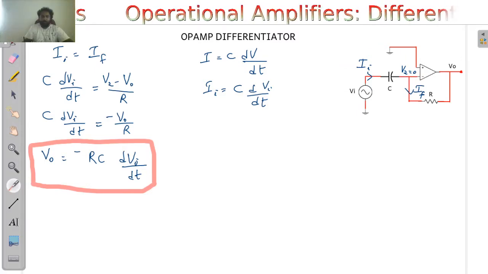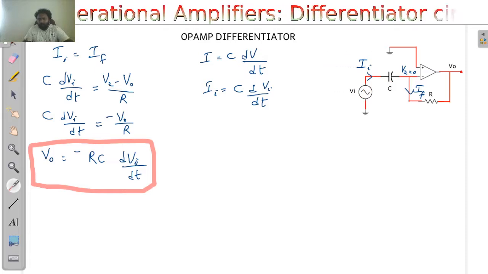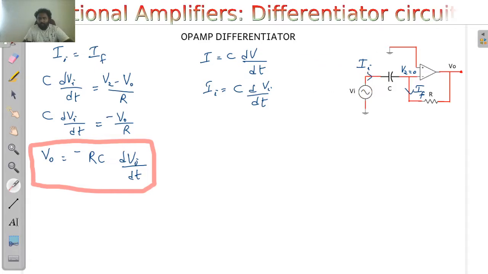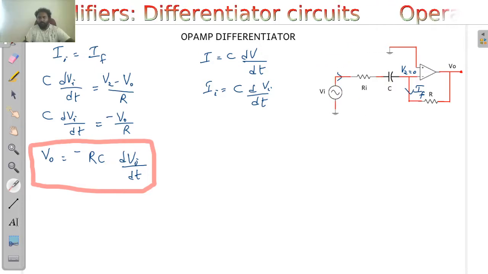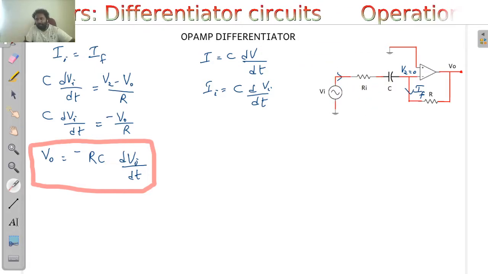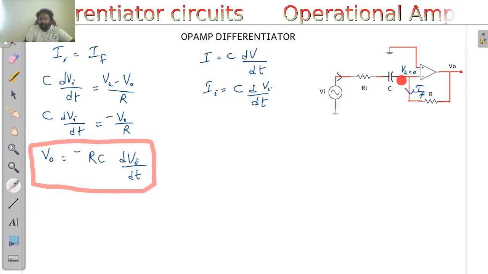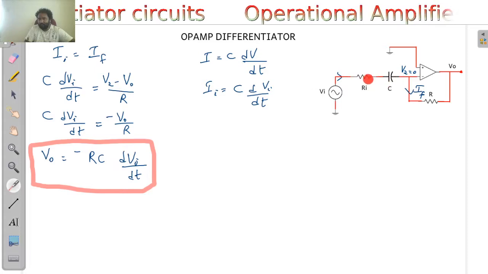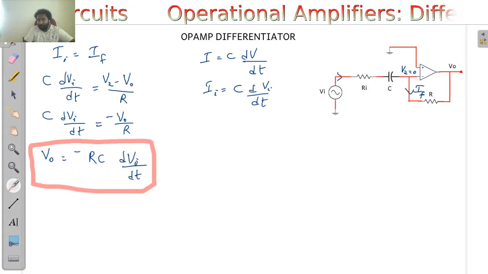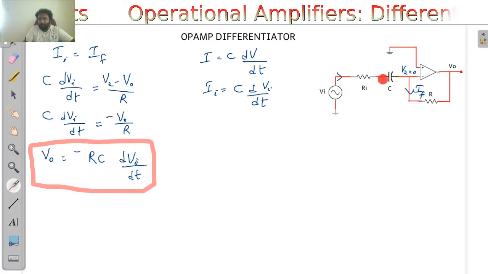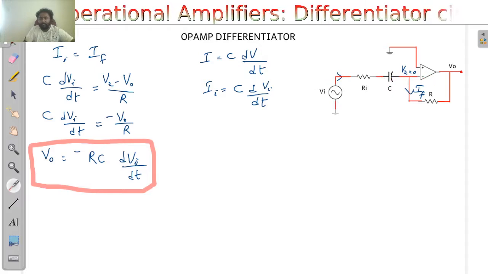You can improve the circuit by connecting a series resistance at the input side just before the capacitor. Now let us see what is happening here. Suppose there is only this capacitance and no resistance here, then at very high frequency signals this capacitor will act as a short circuit, so the signals can easily pass through.